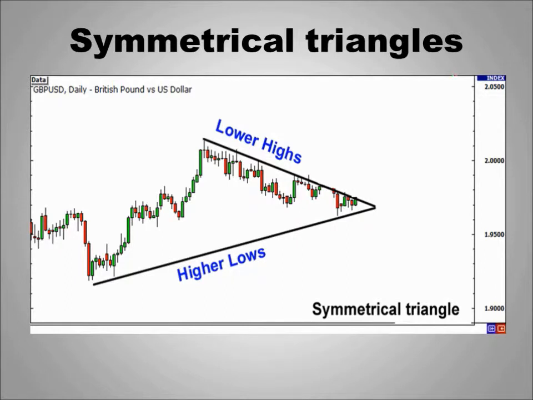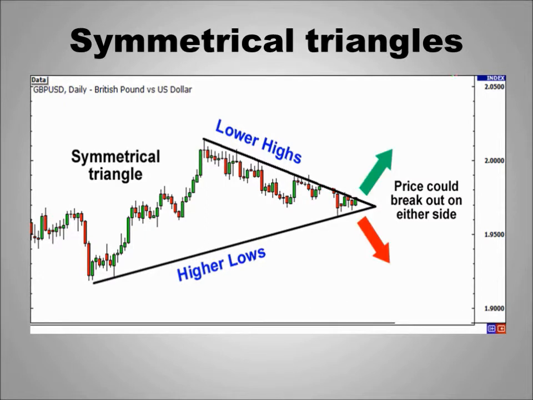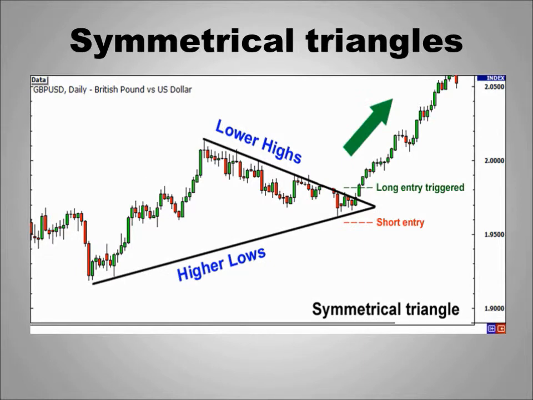And then symmetrical triangles. Here, the lines of support and resistance both have the same amount of stability, but sometimes it may be difficult to determine which direction it heads in when both lines are equally stable. So, the price might break up or it might break down. Who knows? So, what do we do?